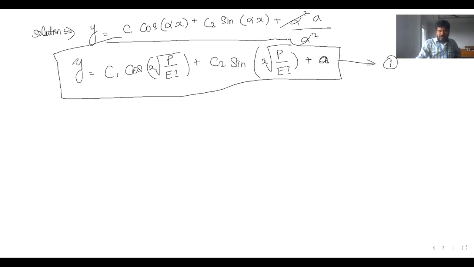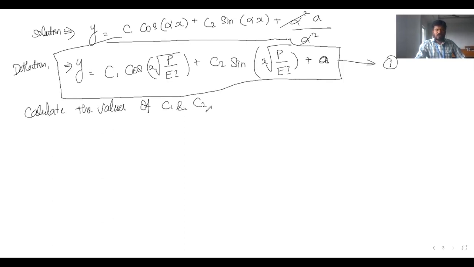If I need the deflection value, then I have to calculate the values of the constants C1 and C2. So we all know that for a fixed end, the slope and deflection are 0.